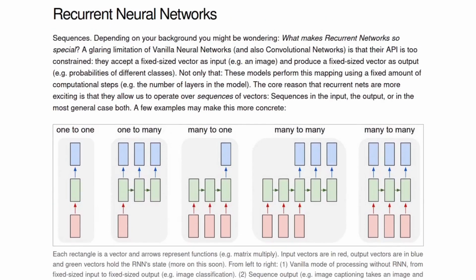In particular, one thing that I haven't really spoken about is this idea that sometimes you have an RNN that just has a single input and then produces a sequence of outputs, so that's one-to-many. Sometimes you read in a whole sequence and you just produce one output vector right at the end. That's many-to-one. You also have many-to-many in different varieties.